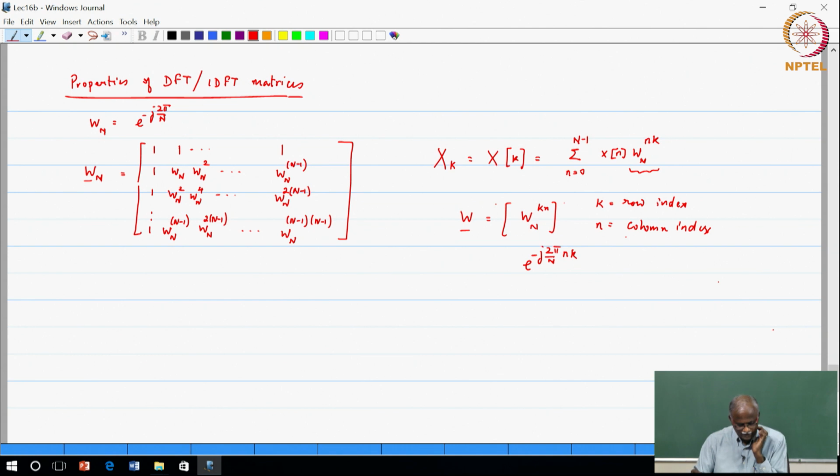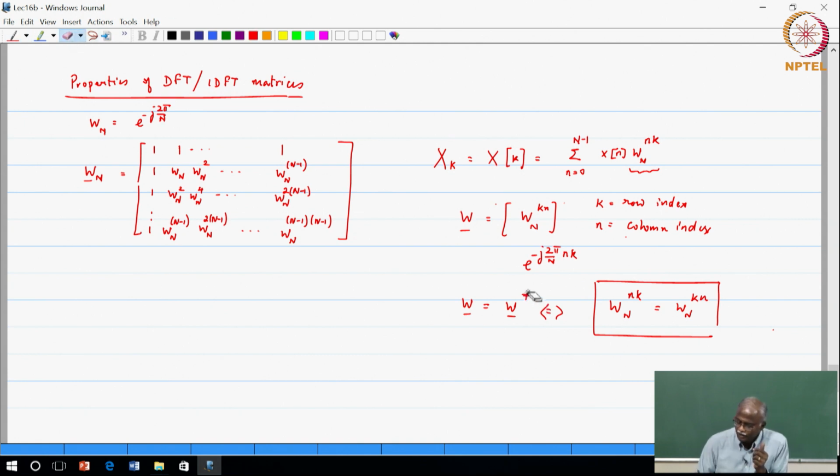I think it is easy to see that this is a symmetric matrix, because if you do W equal to W transpose, the row index and the column index will interchange, and basically it just says that Wn nk is the same as Wn kn. So, it is a symmetric matrix, but it is more than a symmetric matrix.